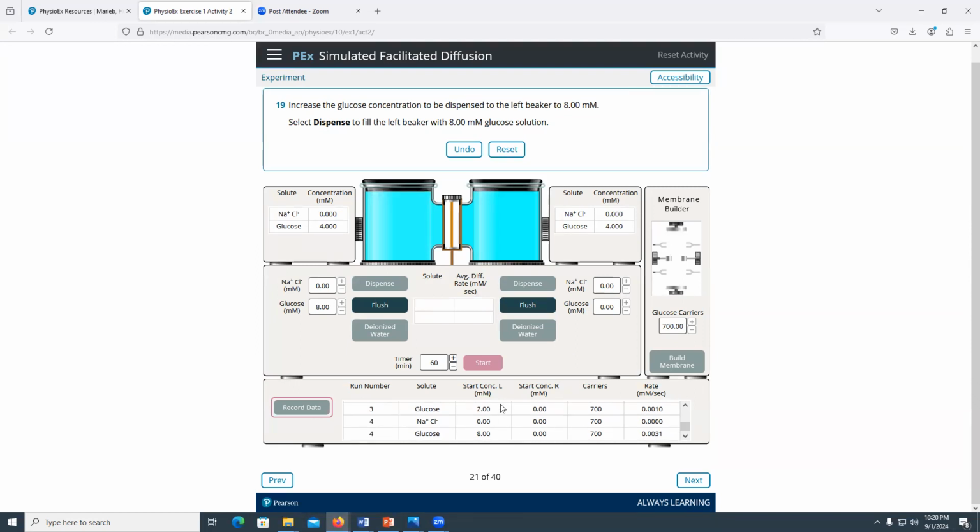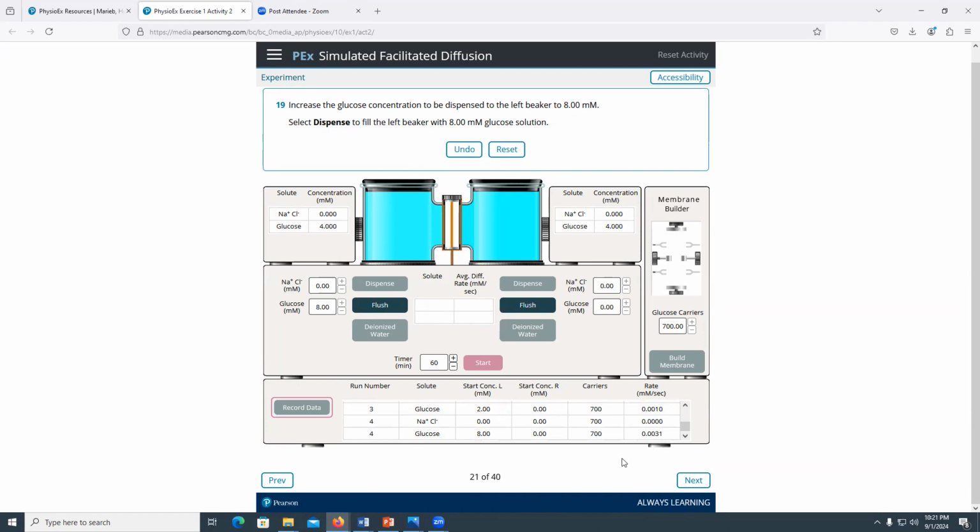So when glucose was 2 millimoles compared to 8 millimoles, with the same 700 carriers, when we added more glucose, the rate was faster. So this reminds us of enzyme kinetics.